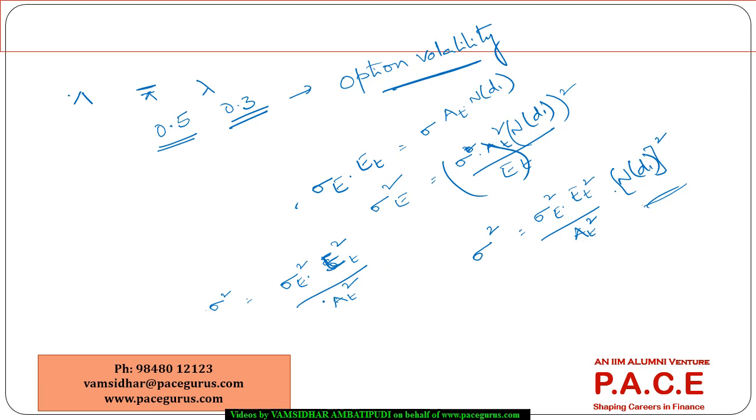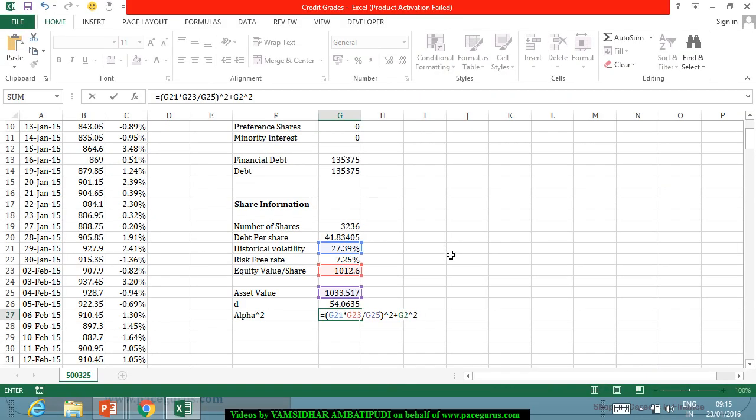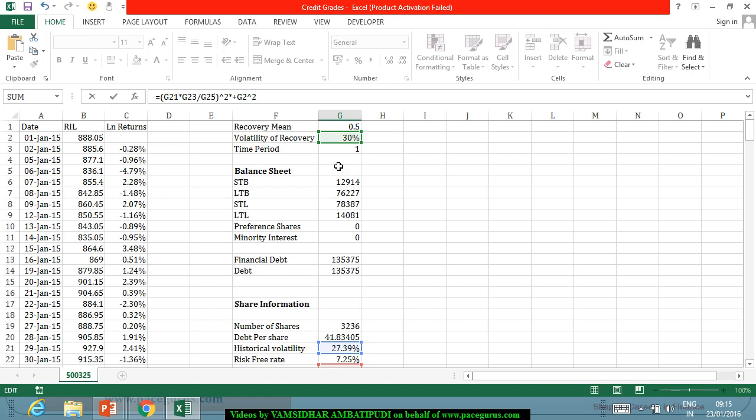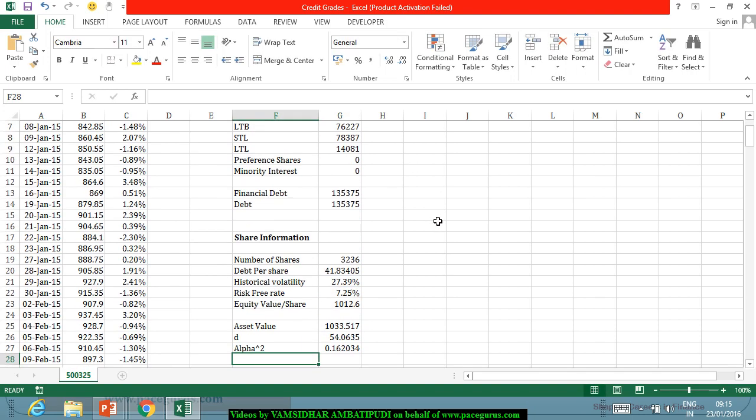But along with this, multiplied by T, I am adding up the volatility that is associated with the uncertainty random variable. This is per period, so I am multiplying it by T. So that is what is going as a part of our computation. The T in this case is anyhow 1 year. So this is giving me alpha squared.